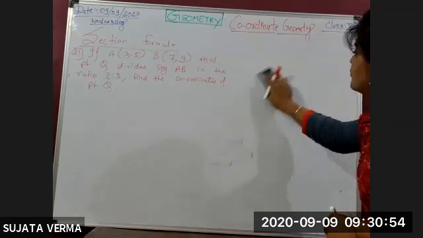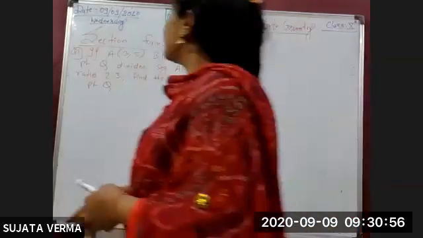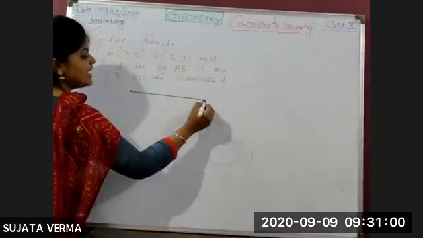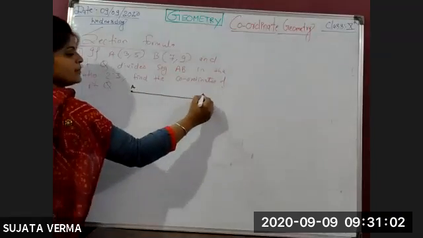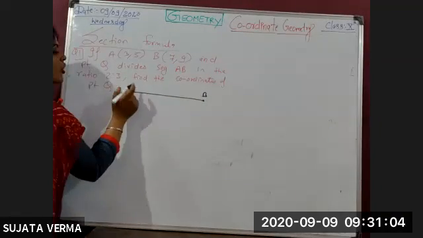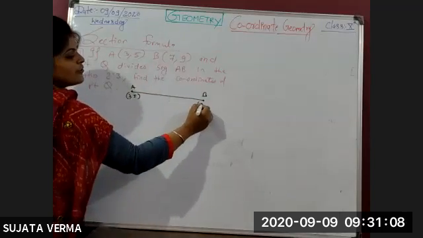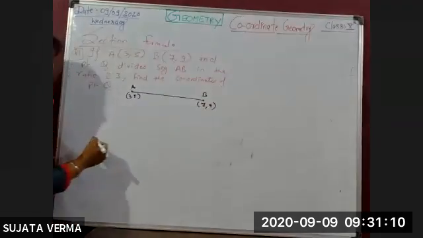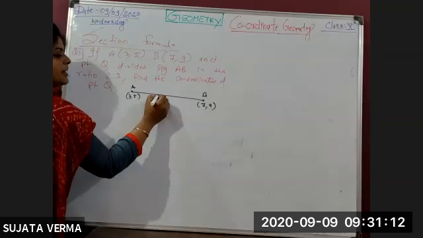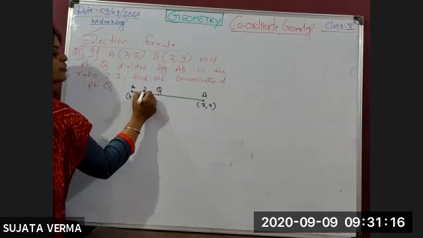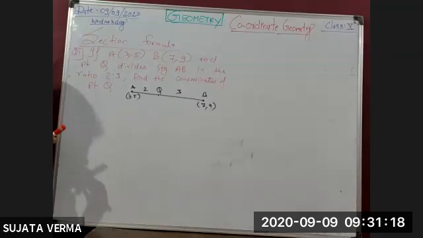What is given? We have 2 points. So first we draw a line segment AB. The coordinates of A are (3,5) and the coordinates of B are (7,9). Here is the point Q which divides this line segment in the ratio 2:3.